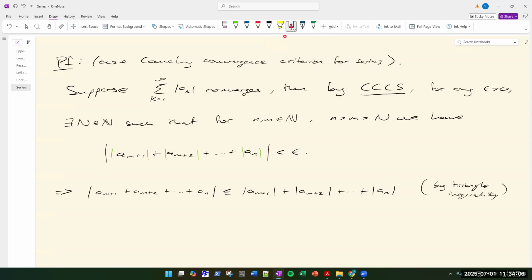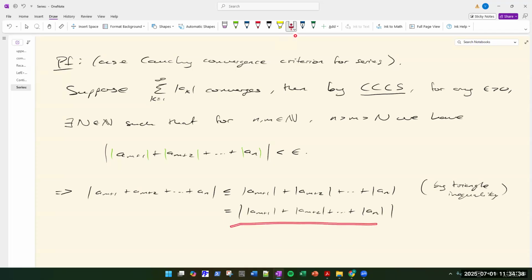And these terms are all bigger than or equal to 0, right? So if I add them together, the result of the sum is bigger than or equal to 0, which means that it is equal to its modulus. So I could put the modulus sign around it, right?